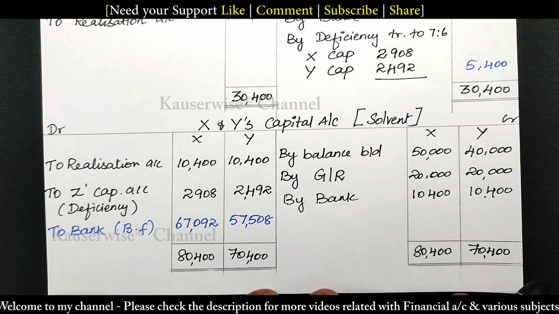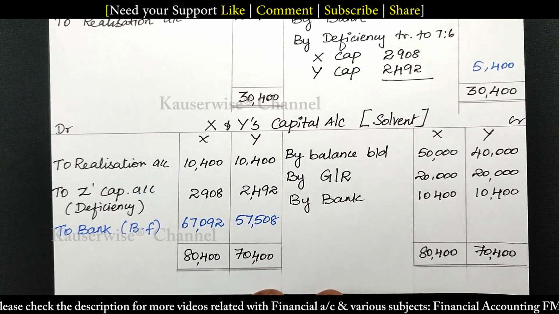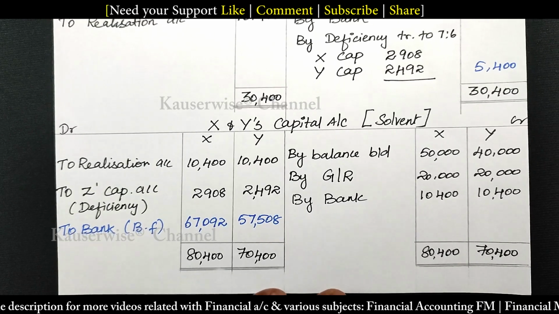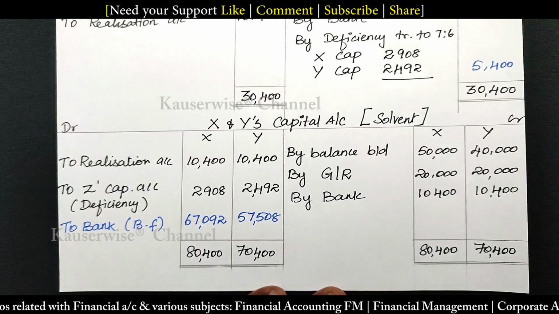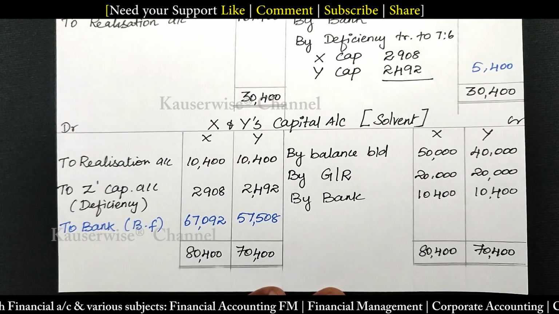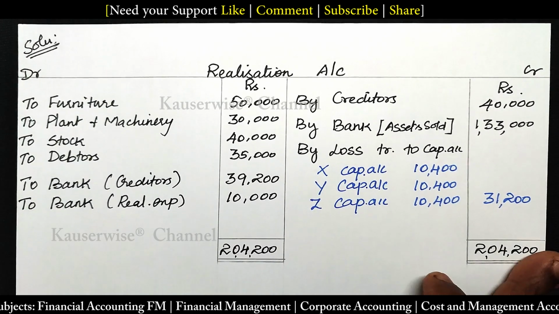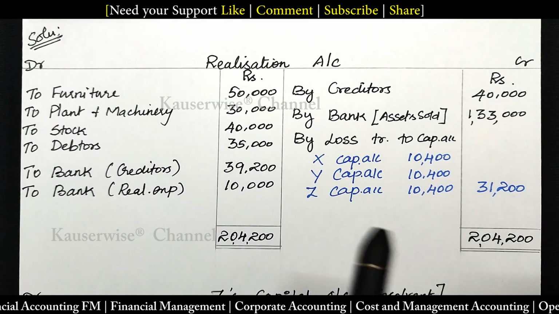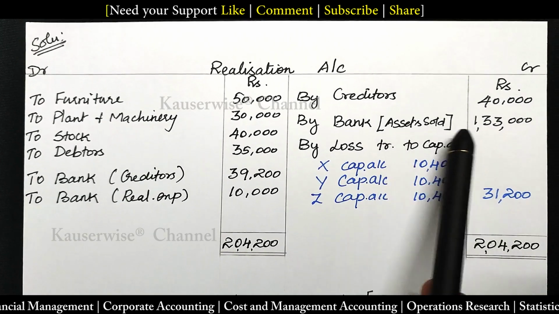Now finally we need to prepare the bank account. In the bank account we are going to enter receipts and payments. Whatever receipts will be entered on the debit side, and all the payments on the credit side. You can refer to the realization account and capital account to prepare the bank account. In the realization account, we have 'by bank', that is assets realized.